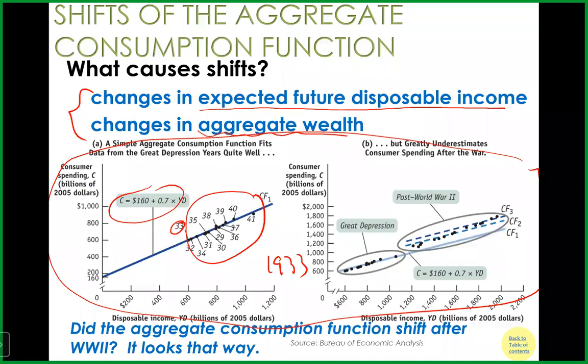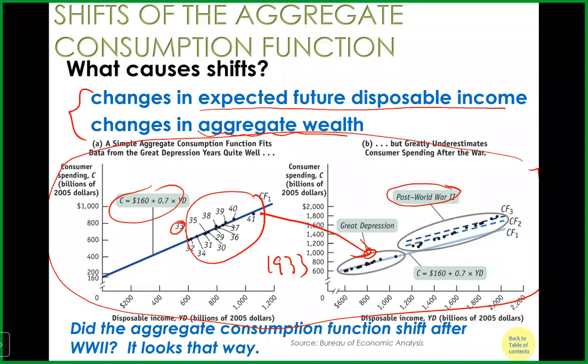Okay, now we move to the right-hand side. We are going to extend our data points. These dots in here are essentially coming from here, and then we have dots which are post-World War II. If you look carefully, there are two noticeable differences.